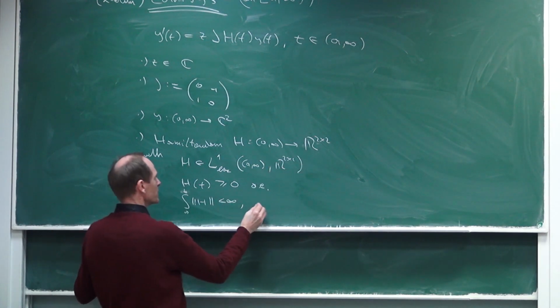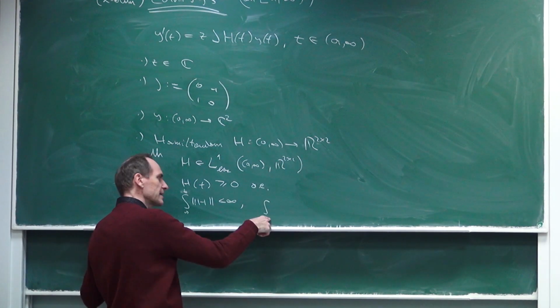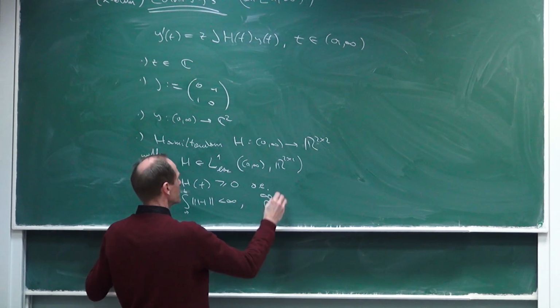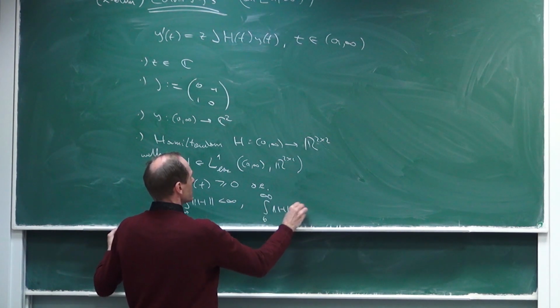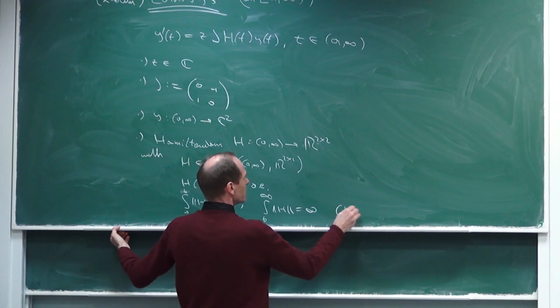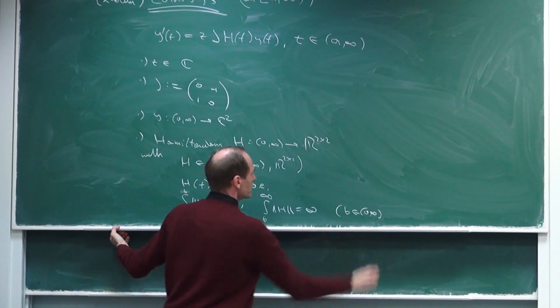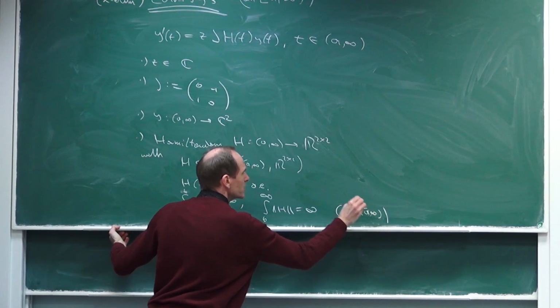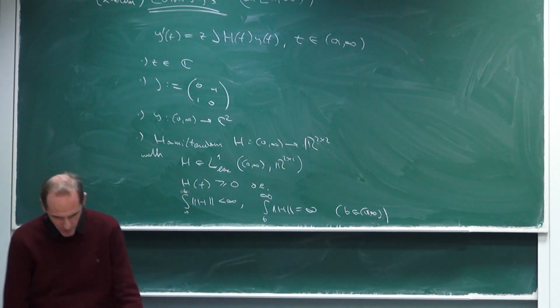But at the right endpoint that's not the case. If I start at some b and integrate to infinity, then that should be infinite. b is somewhere on that ray. Of course, by local integrability it doesn't matter where I choose.